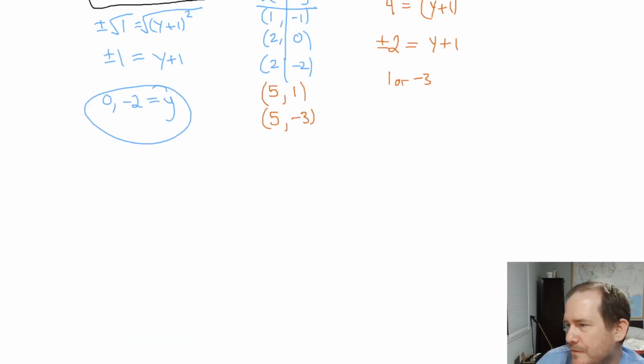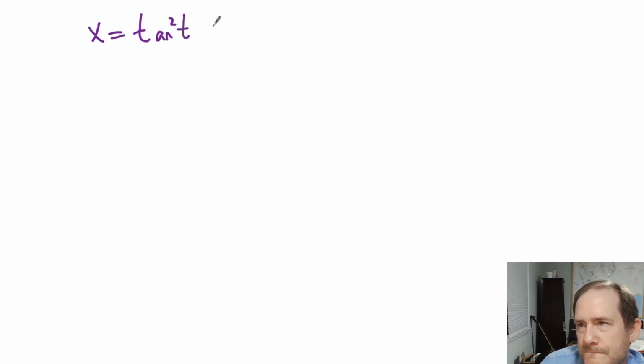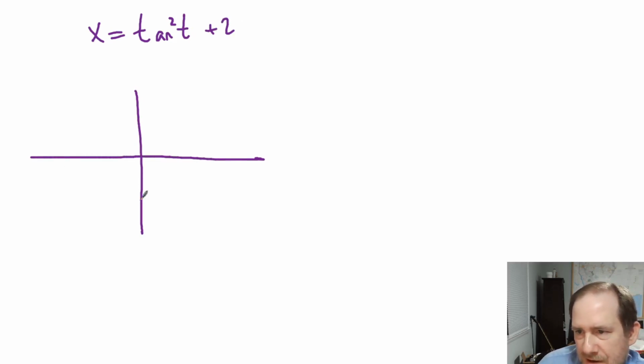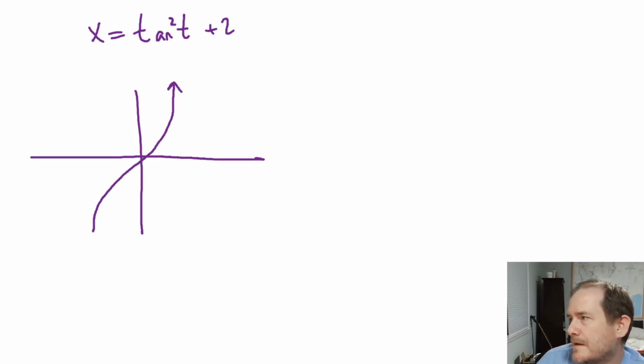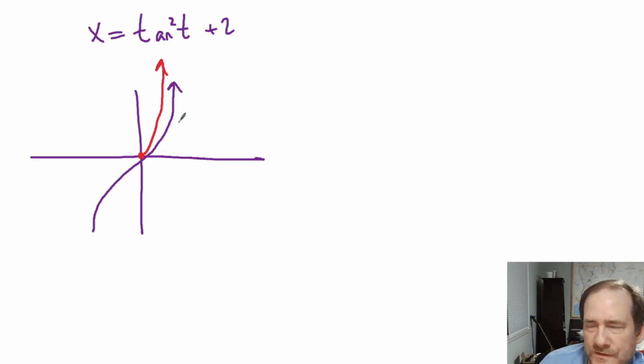And I'm going to try this one more time to see who this sinks in for. If x equals tan squared t plus 2, then think about tangent. Tangent's that guy that goes like this. And if you square things that are positive, they stay positive, they just get a little bit bigger. So essentially this half of the graph would get stretched vertically.